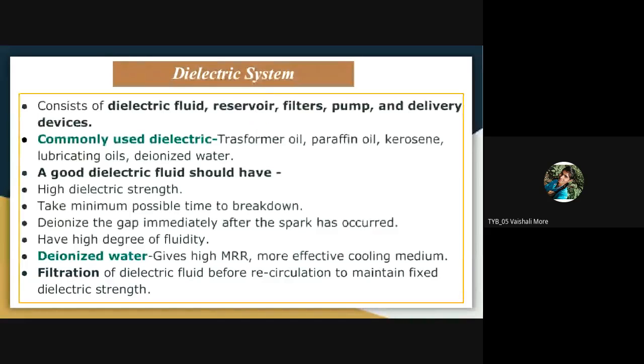A good dielectric fluid should have some properties, and those properties I have also mentioned here. It should have high dielectric strength, so it should not break down easily, even with the very high voltage and high potential which are applied.